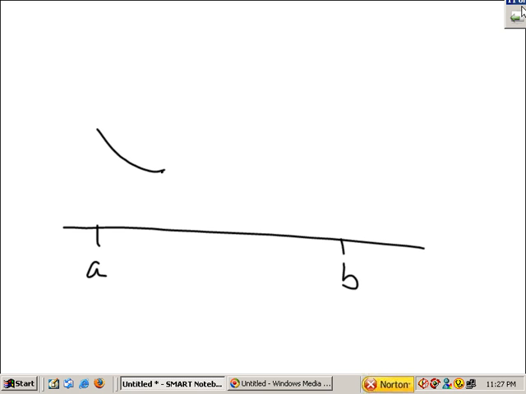But that's not the only place where it can happen. Again, our graph will go from A to B. Maybe the graph goes like this.